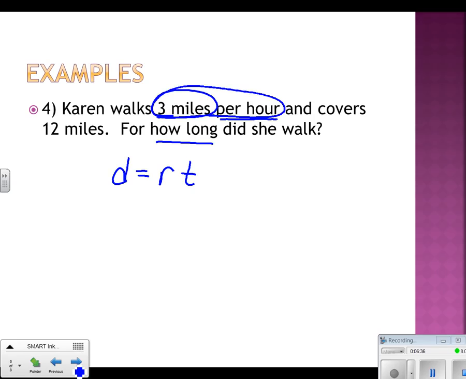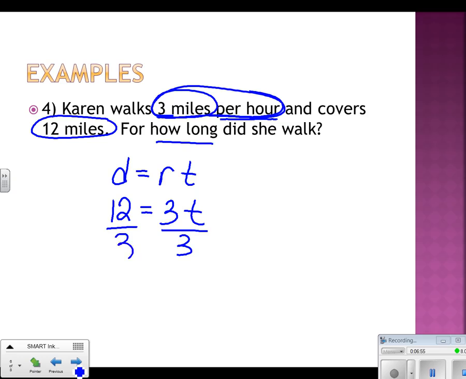This right here, 3 miles per hour, is her rate. That's how fast she's going, and this is how far she's going. So the 12 would be her D, distance. The R is 3, and the time is what we're looking for. So if we do our property of equality here, where we're dividing both sides by 3, we end up with 4. So it'd be 4 hours for the time.